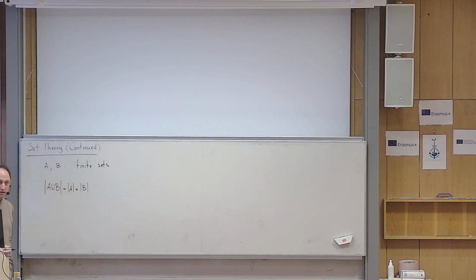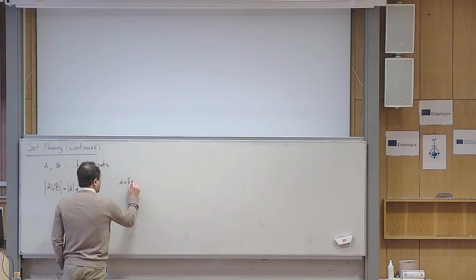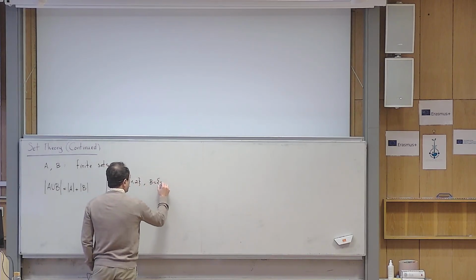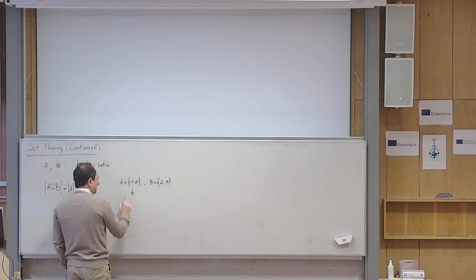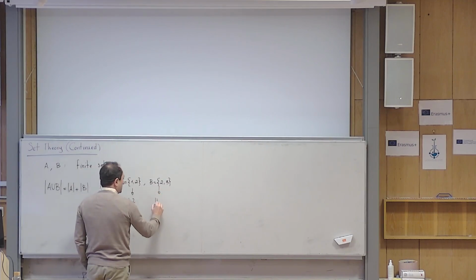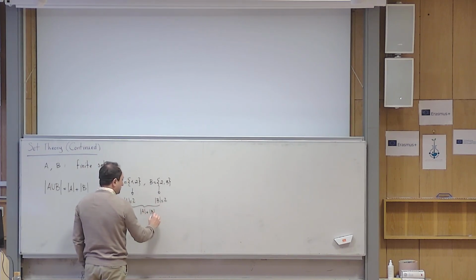But it is clear that this is not always true. Yes, for example, if I give you the set A to be, for example, 1 and 2, and the set B to be 2 and 3, then if I ask you what the cardinality of A is, of course it is 2, the cardinality of B is 2 again, so this means the cardinality of A plus cardinality of B is 4.